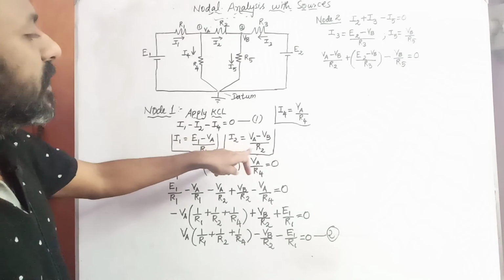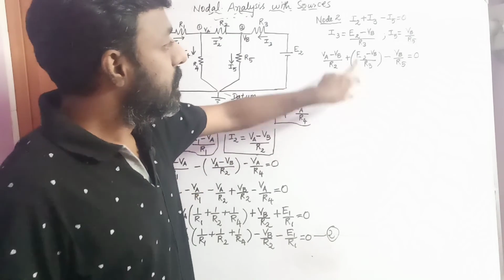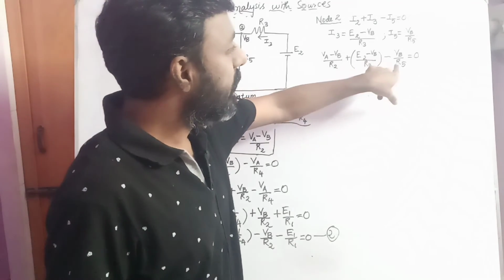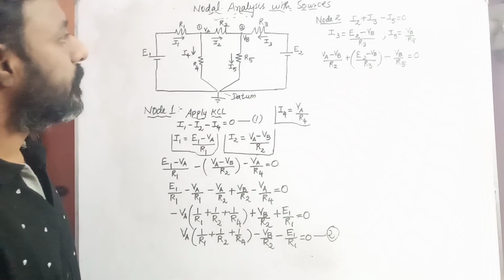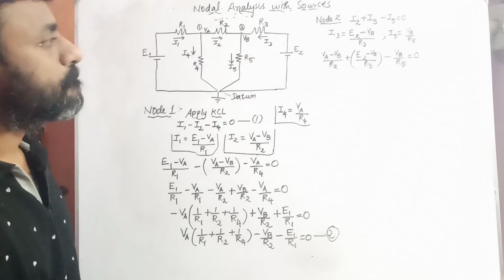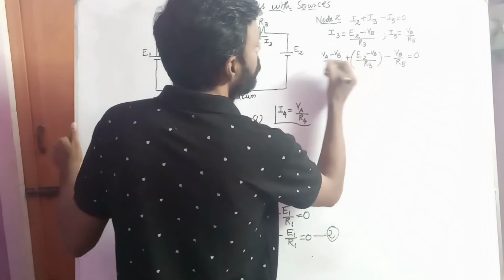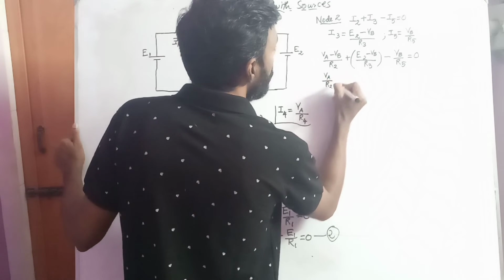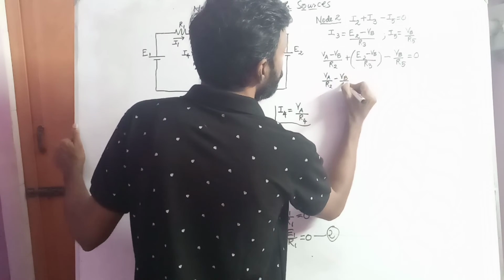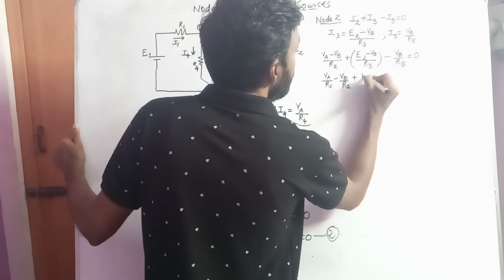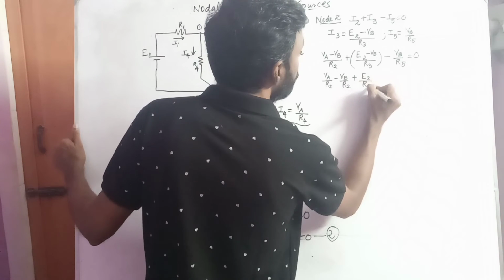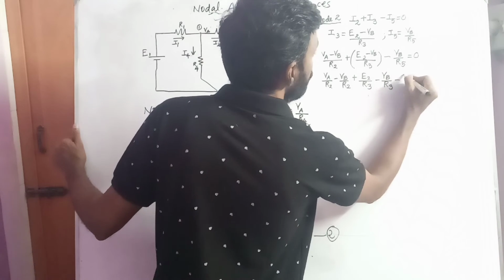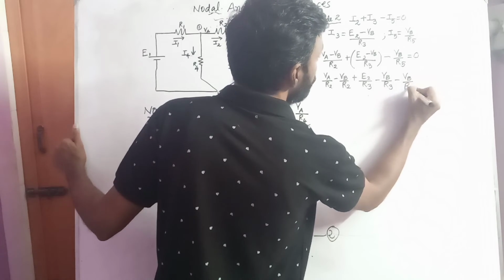So now we need to split it up. It will be VA divided by R2 minus VB divided by R2 plus E2 divided by R3 minus VB divided by R3 minus VB divided by R5 equal to 0.